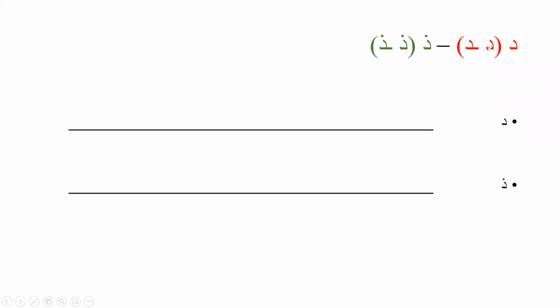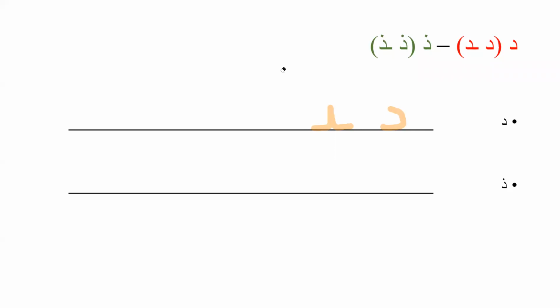So we'll have only two positions because there is no in the middle, there is no beginning. It's either standing separate or in the end. So here is dal, and here it is when connected to a letter before.